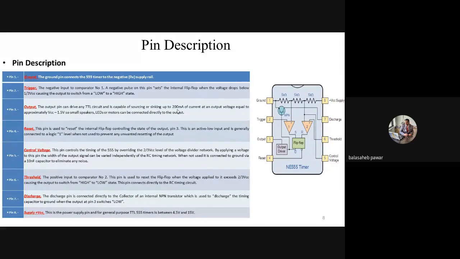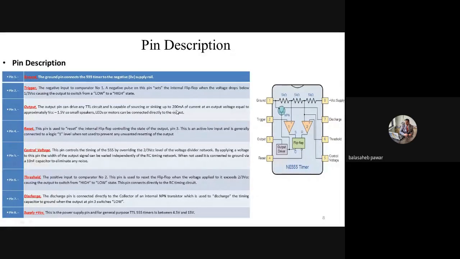Its output voltage will be almost 5 volts, so the driver output stage can produce 5 volts with a maximum current capacity of 200 milliamperes.